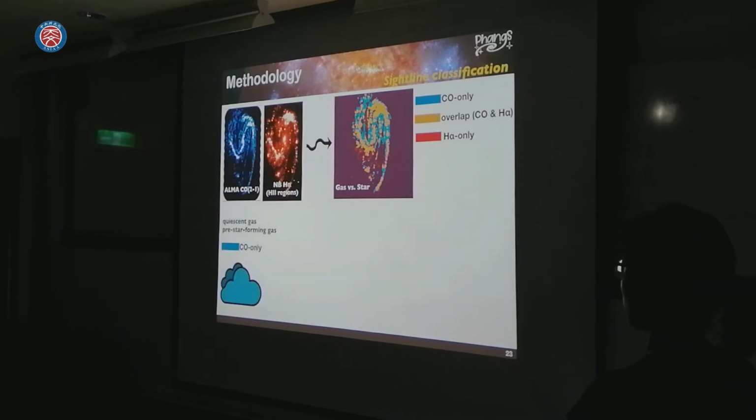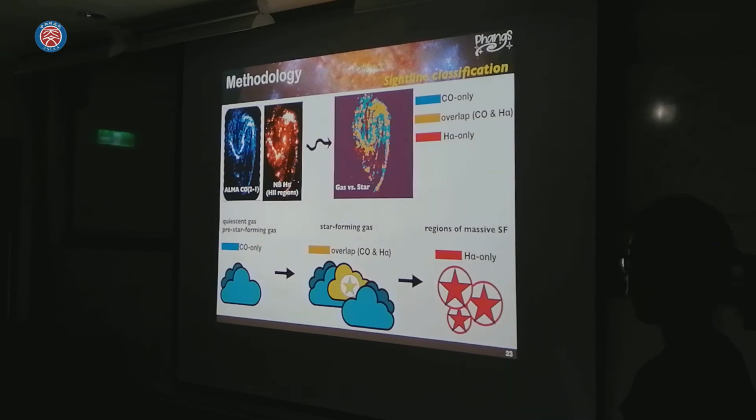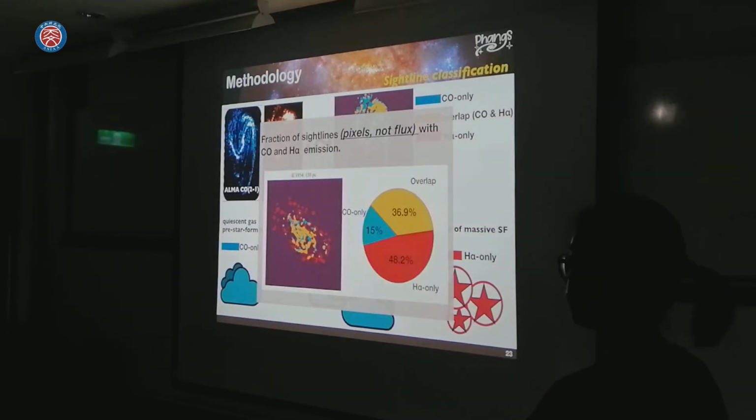And the CO only pixels or regions represent quiescent gas, and the overlap regions are star forming gas, and the H-alpha only regions are regions of massive stars only. And then for each galaxy, we calculate the fraction of sightlines or pixels with CO and or H-alpha emission.